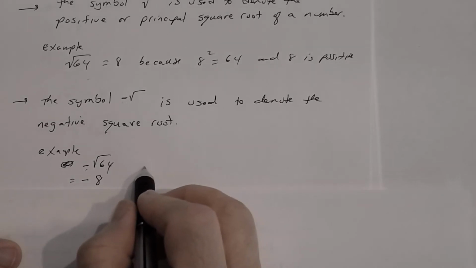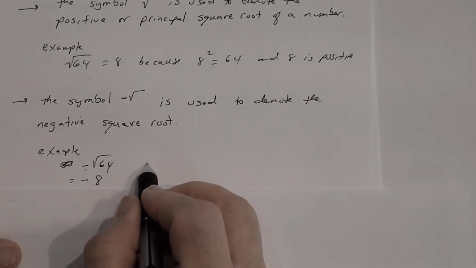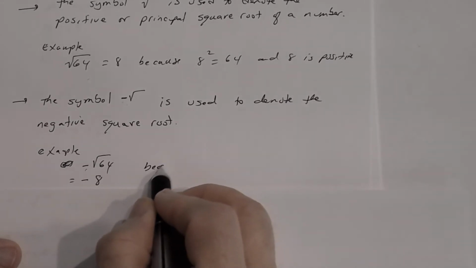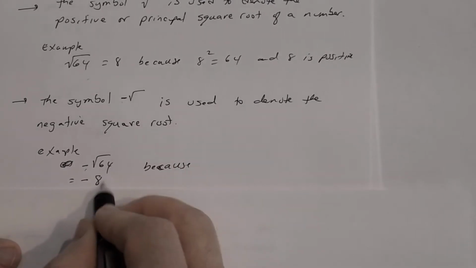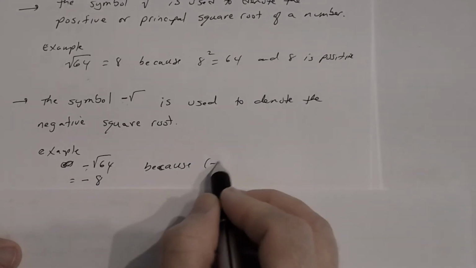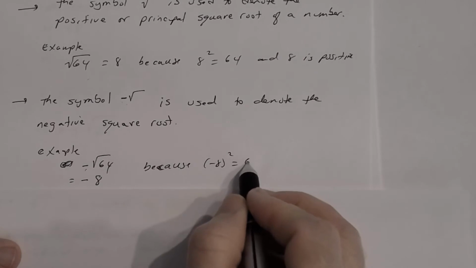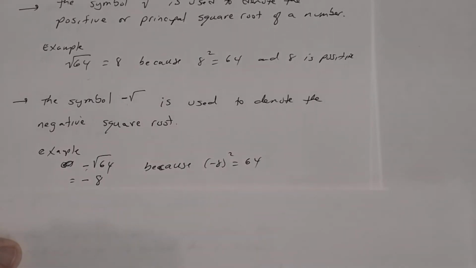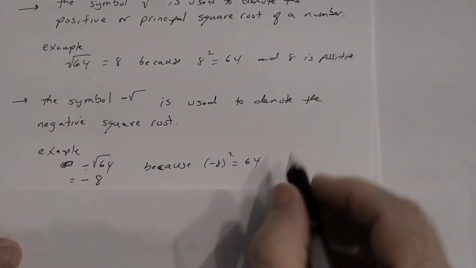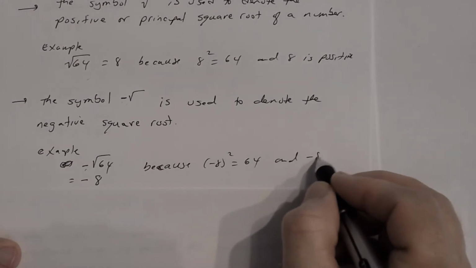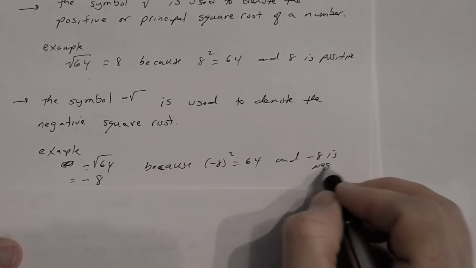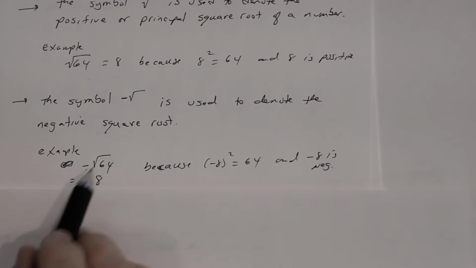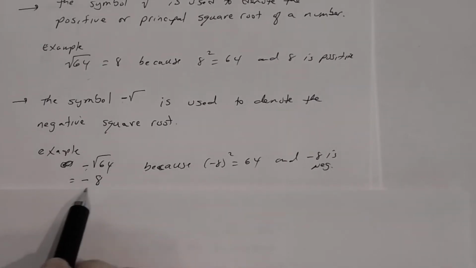So it's equal to a negative 8. It's equal to negative 8 because negative 8, in parentheses, squared is going to equal 64. Okay? And negative 8 is negative. All right, because you're looking for a negative square root. So your answer has to be negative, in this case, negative 8.